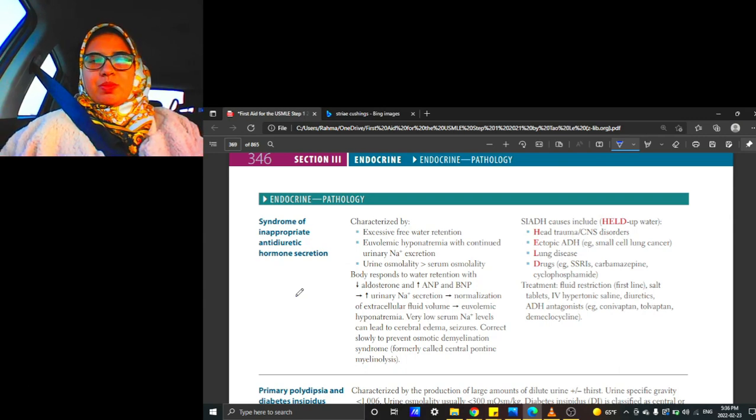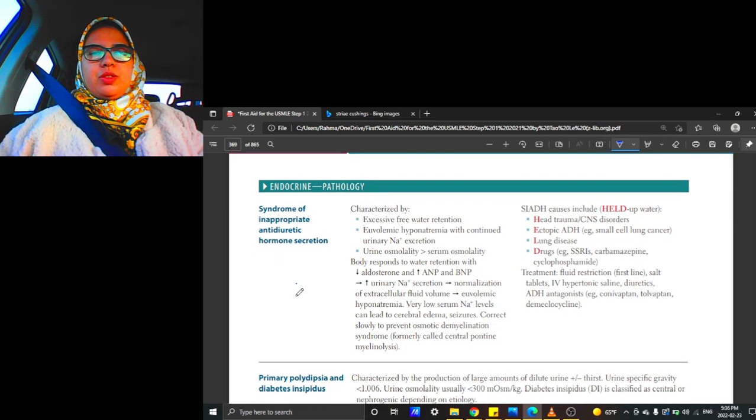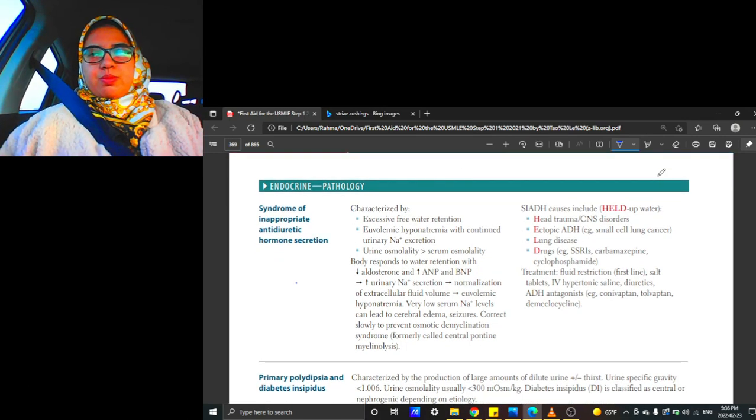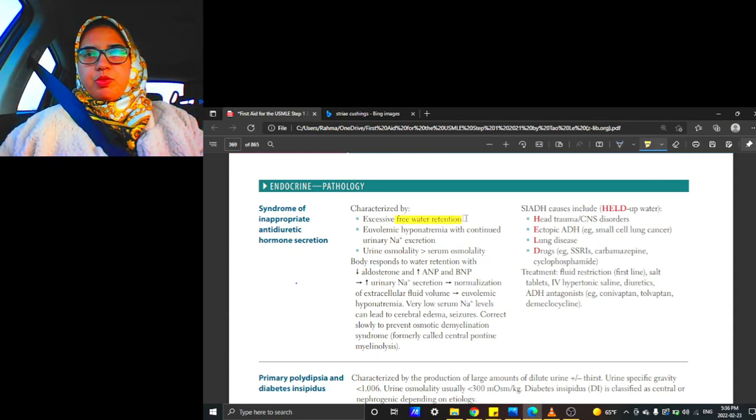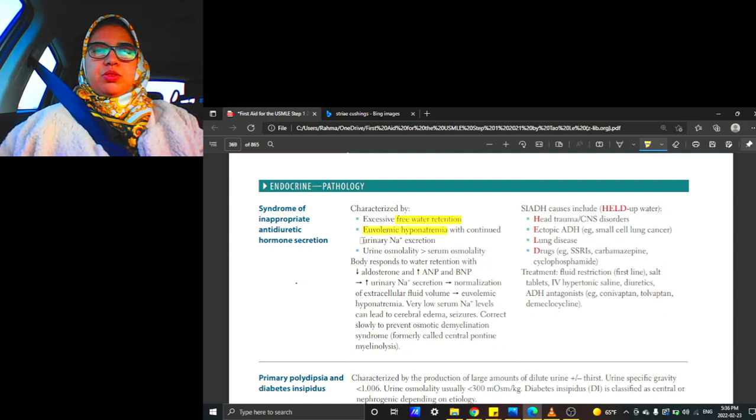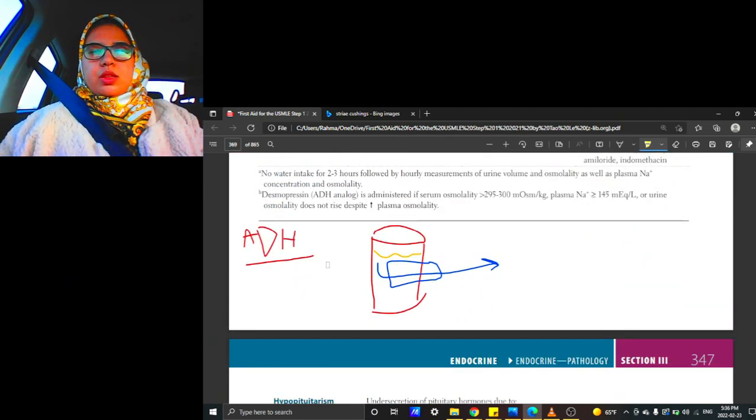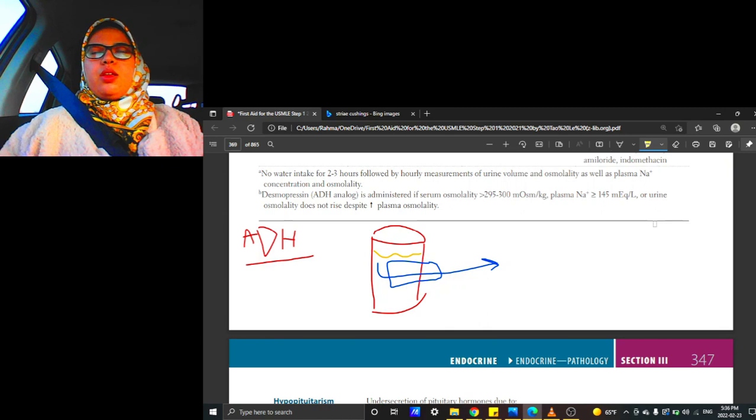Let's do syndrome of inappropriate antidiuretic hormone secretion. So what is it characterized by? It is characterized by excessive free water retention, which we've just explained how that happens, and euvolemic hyponatremia with continued urinary sodium excretion. With this going on, you would think that I'm filling up the plasma with a lot of volume.